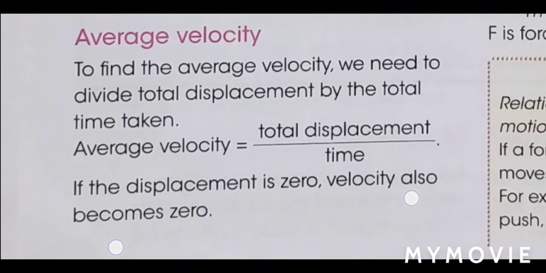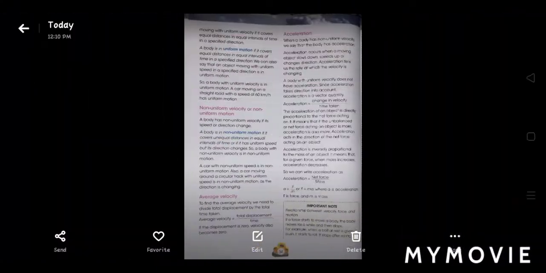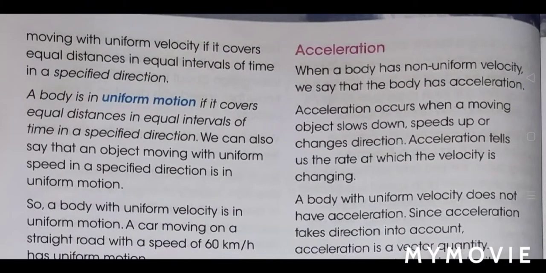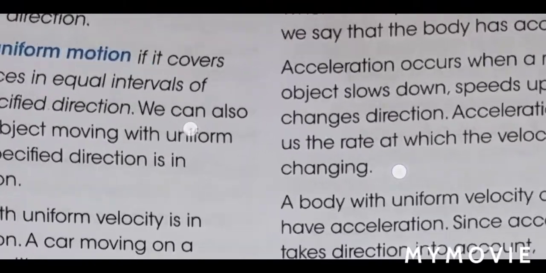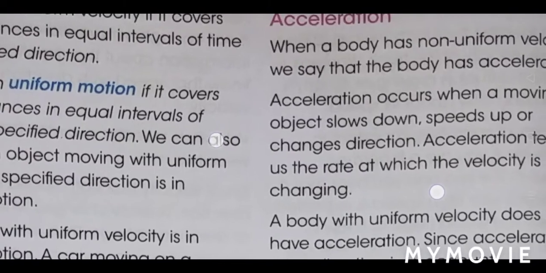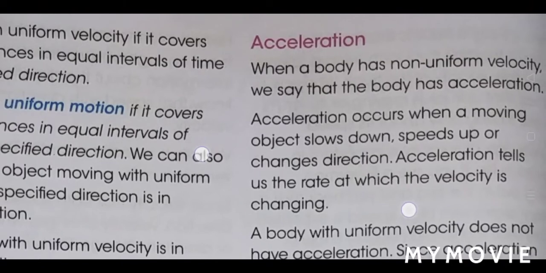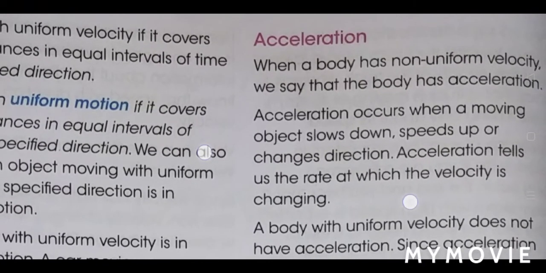Now next part is acceleration. So what is acceleration? Acceleration occurs when a moving object slows down or speeds up or changes its direction. Acceleration tells us the rate at which the velocity is changing. Now, a body with uniform velocity does not have acceleration.